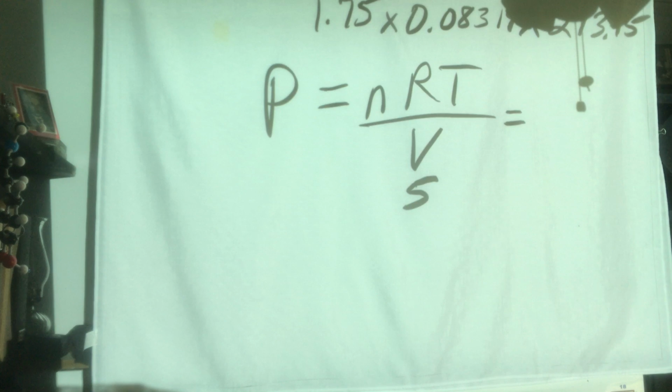Gives us 8.53. I'm going to use 8.5. You'll see why in a moment. Makes it easier down the line. You could also use 8.53. It wouldn't matter. And that is 8.53 bars.